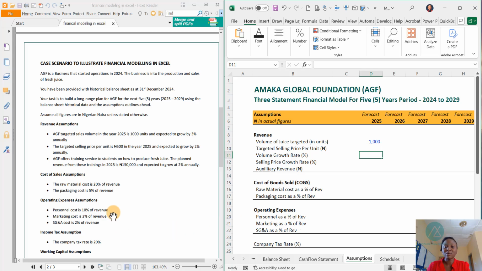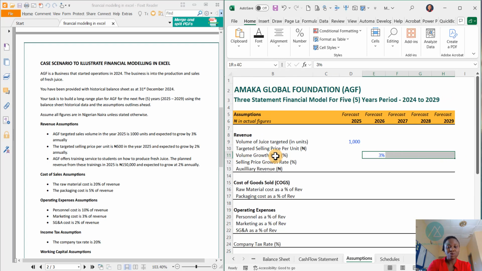We'll come to this place where we have the volume growth rate, as you can see. It's expected to grow, meaning that subsequently it will be growing at 3%. So we'll put the 3%, then you just copy through to the right. So Control R. Just a minute. It's not moving, so maybe I just use the copy downwards and fill it. I don't know why it's not moving.